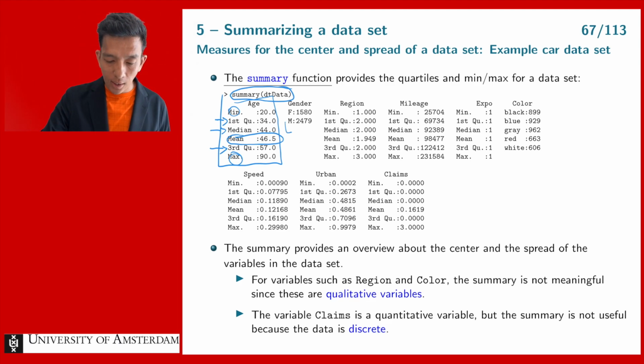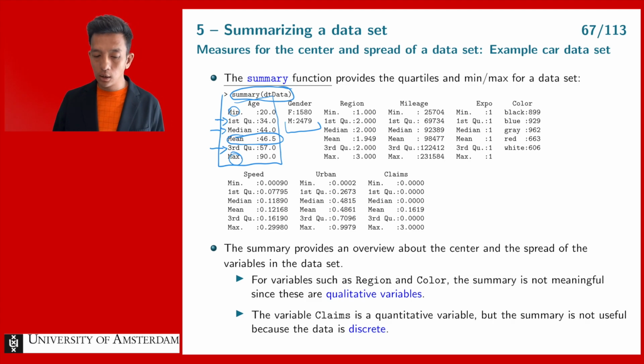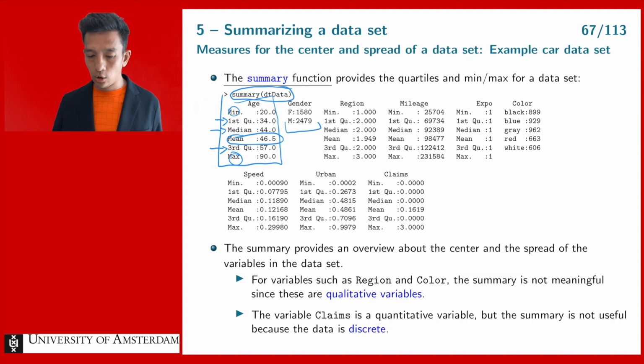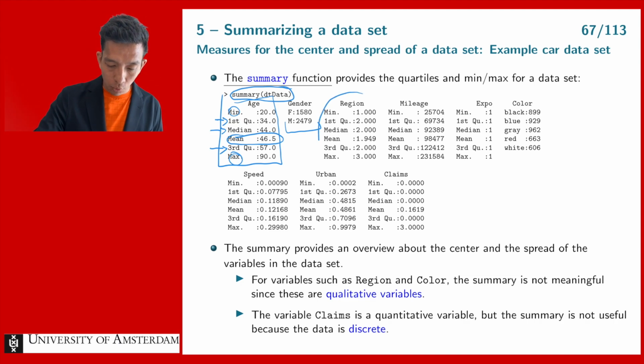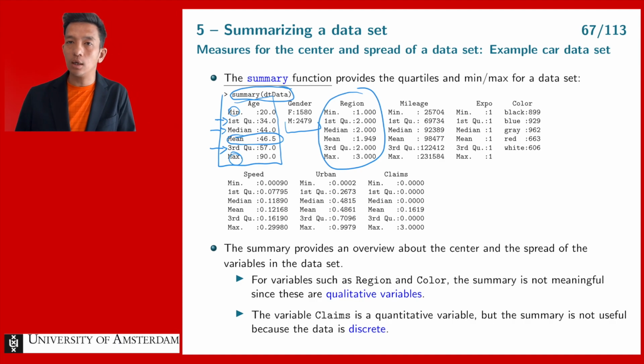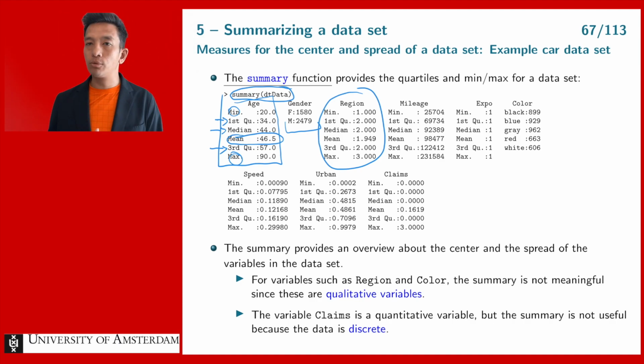Of course, for a categorical variable like gender, you don't have a mean or a quantile. You only have the number of males and females in your data set. For a variable like region, I can calculate the minimum and maximum and mean, but of course it's not very useful because the 1 and the 2, they only indicate the regions, and it doesn't make sense to add or subtract regions.